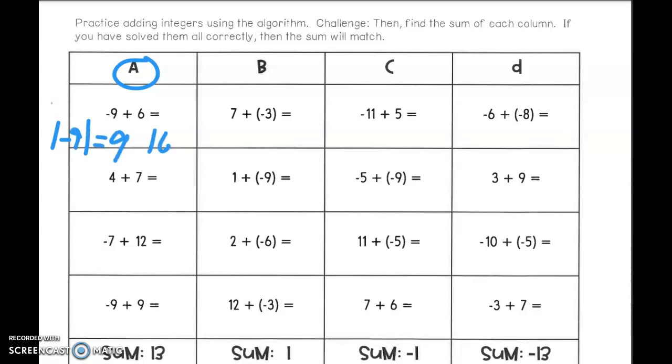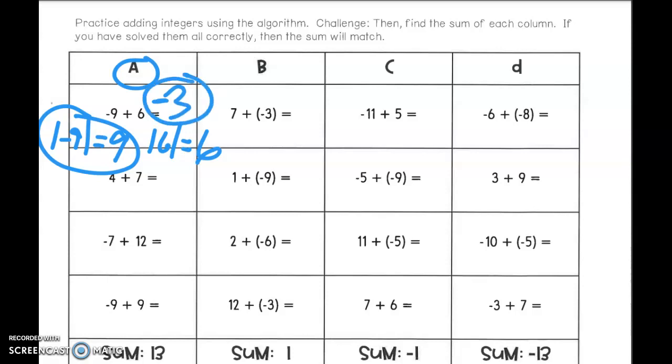The absolute value of 6 is 6. Which one's greater? Negative 9 has a greater absolute value, so we know this is going to be a negative answer. If you refer back to your notes, what do you do now? You just subtract the two numbers. 9 minus 6 is 3, so this is negative 3.